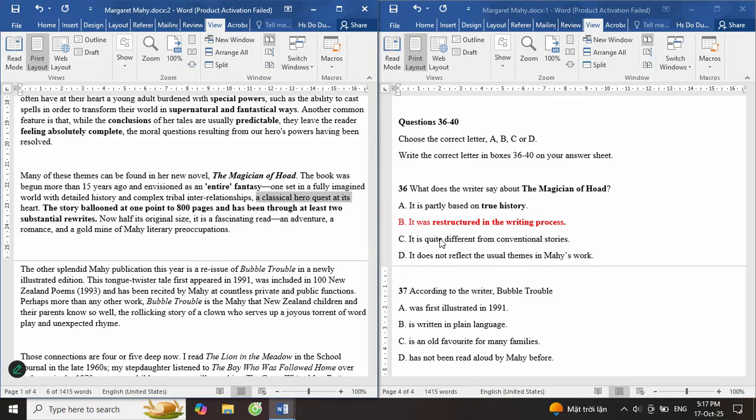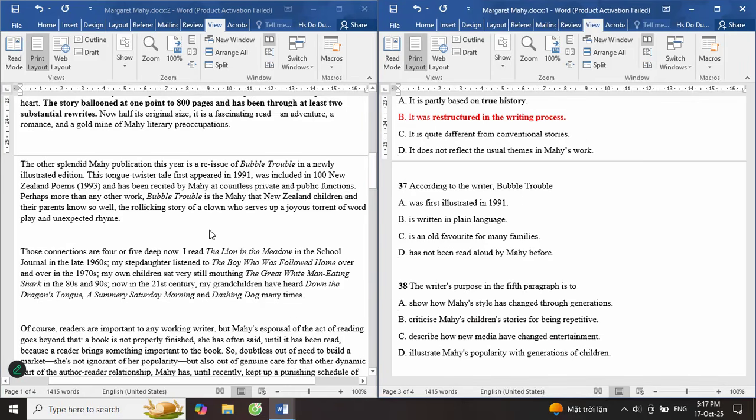So C is wrong, right? Because it says it's different. And they said it's a gold mine of Mahy's literary preoccupations. It does not reflect, so different, contradict, right? So B is the correct answer.